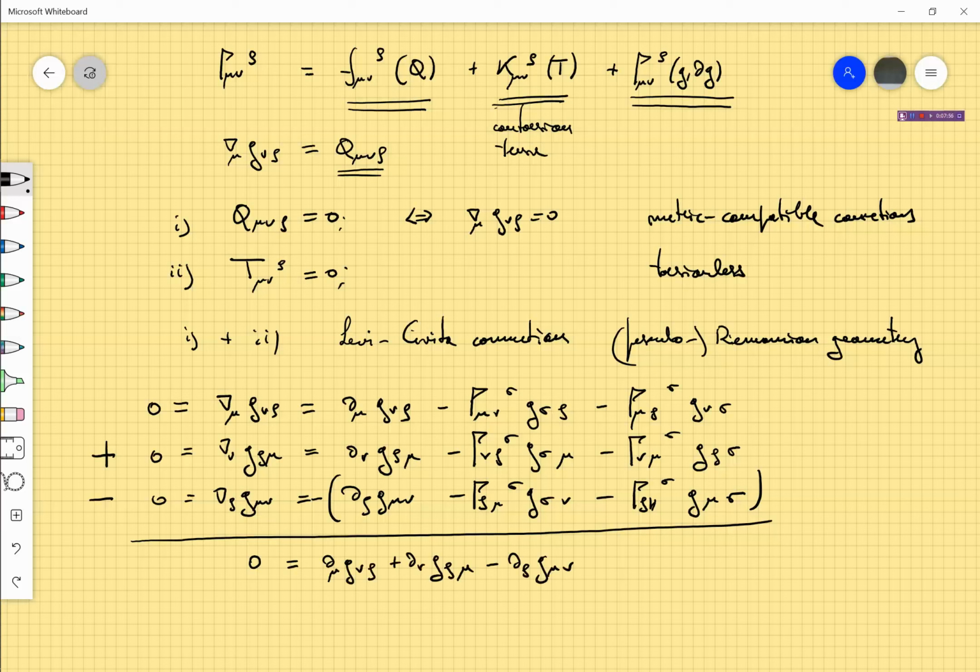Now, how about the terms that involve gammas? First, you have to take into account that we are imposing absence of torsion. Okay, remember that this is the same as imposing that the connection is symmetric in these two indices.